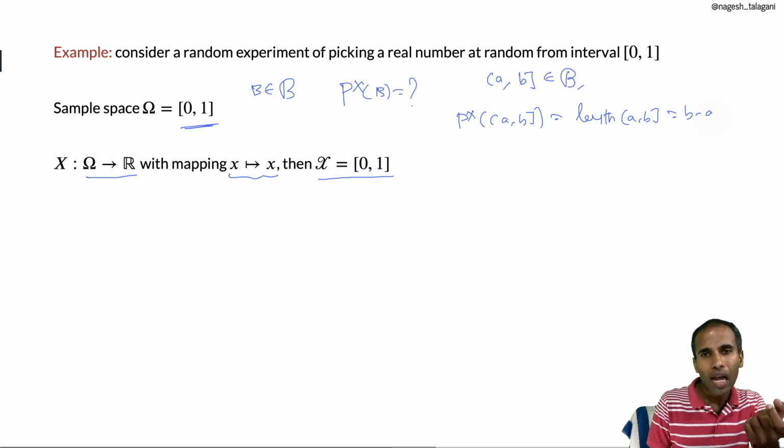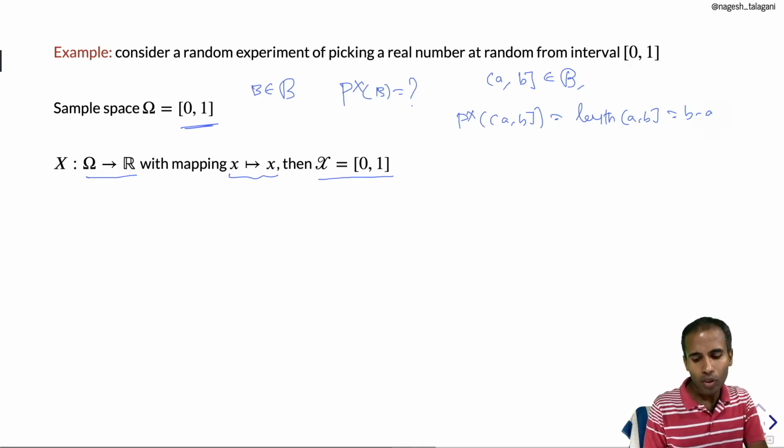proportional to the length of the interval, right? At least, as we pick a number at random, this probability should not depend on the location of the interval. It should depend only on the length of the interval. So at least we feel that this probability should be like k times (b minus a), where k is a proportionality constant, and b minus a is the length of the interval.